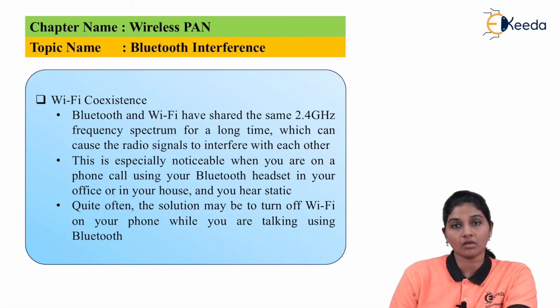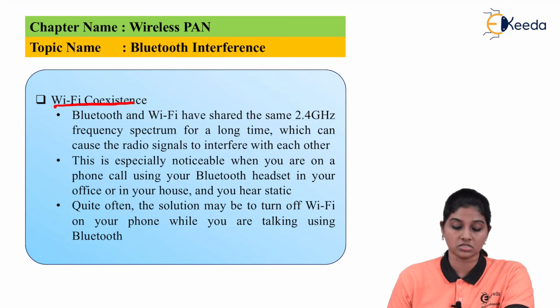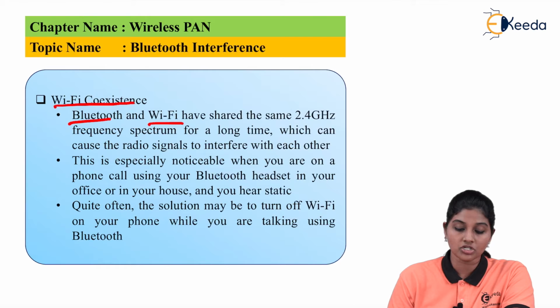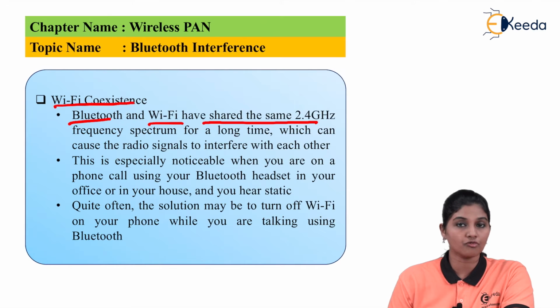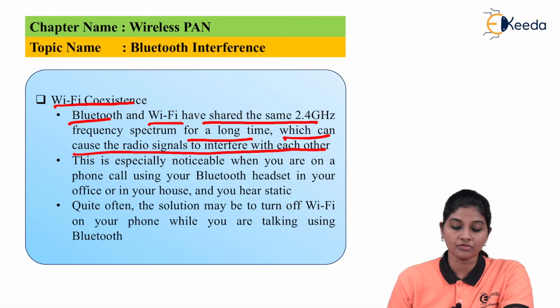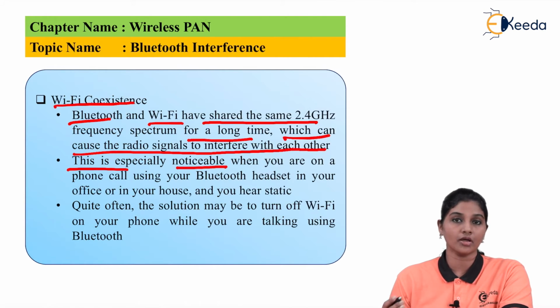Now, the first interference issue that occurs in Bluetooth is Wi-Fi coexistence. Bluetooth and Wi-Fi share the same frequency spectrum of 2.4 GHz, which can cause the radio signals to interfere with each other. This is especially noticeable when we are on a phone call using a Bluetooth headset near Wi-Fi.